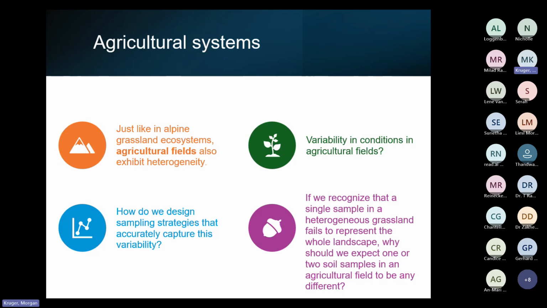Understanding and managing heterogeneity is the core of good sampling. So whether we are studying natural ecosystems or managed agricultural fields, the goal is the same: to design a sampling strategy that captures this variability effectively while remaining practical in the field.